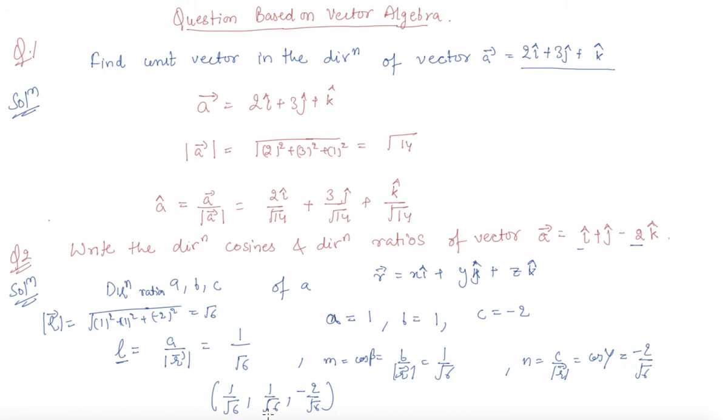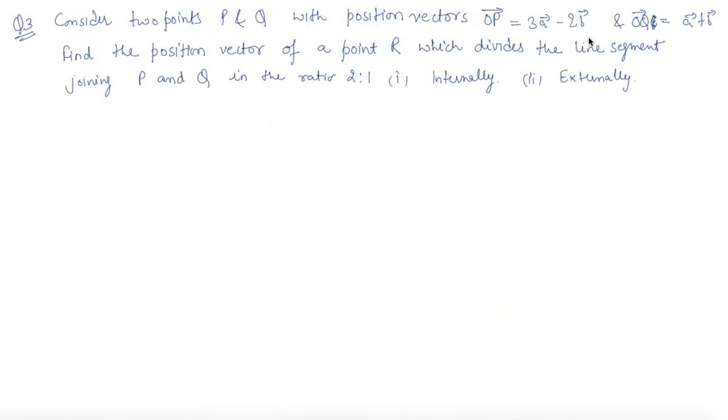Now let's discuss a question based on the section formula. So let me write the question first. So students, here is question number 3 on the section formula, which states: consider 2 points P and Q with position vectors. Let me draw.